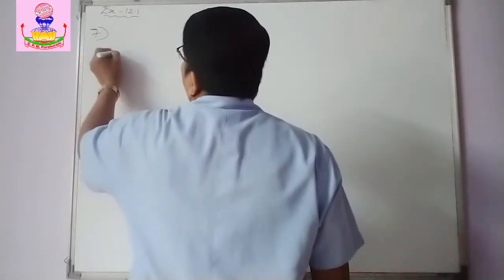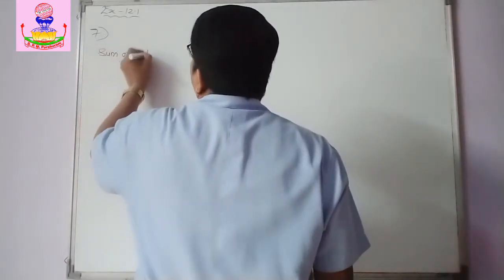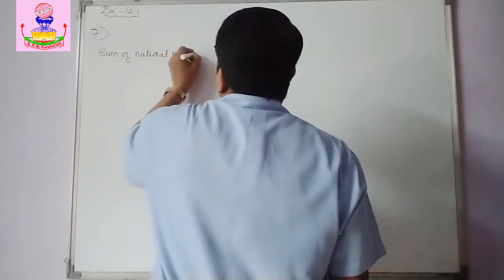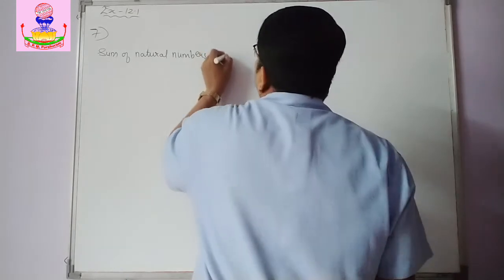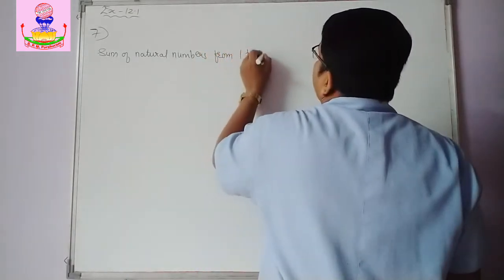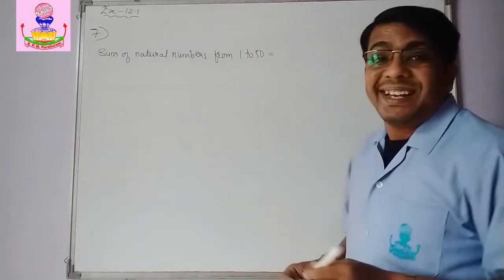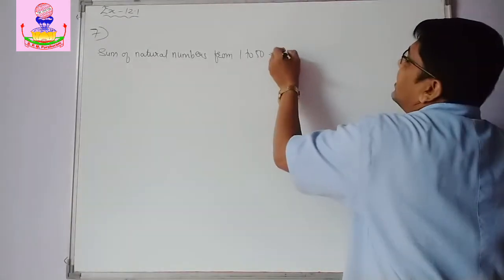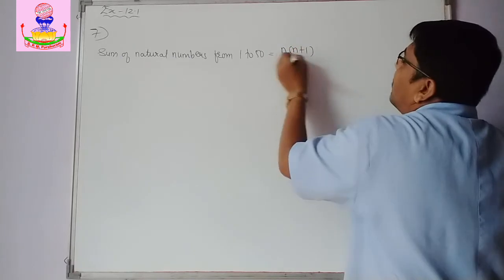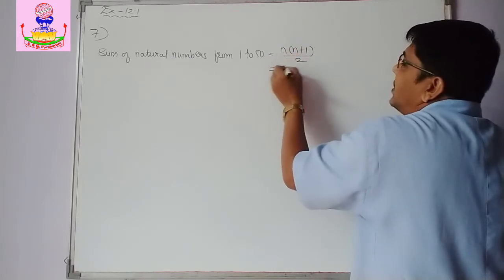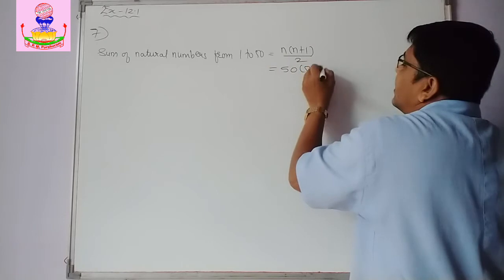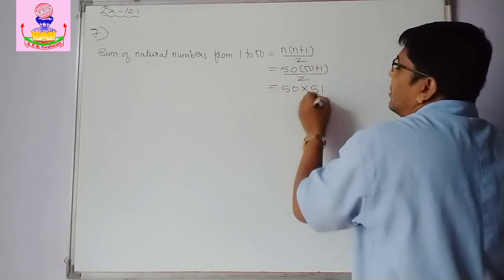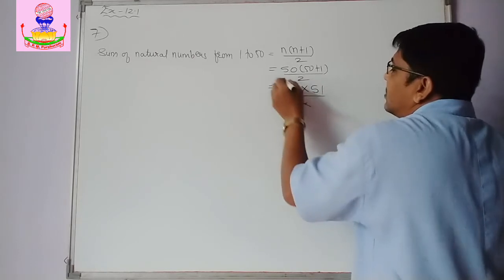So first I will find the sum of natural numbers from 1 to 50. What will it be? You know the formula, n into n plus 1 divided by 2, right? So that is 50 into 50 plus 1 divided by 2, so 50 into 51 upon 2.